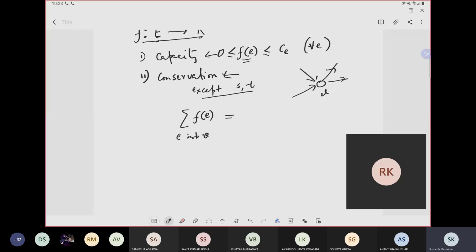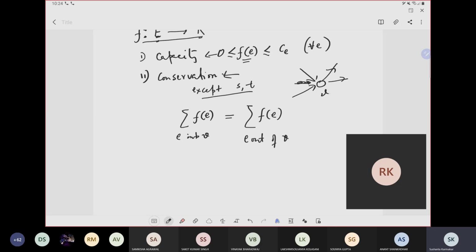The sum of the flow values of the edges going into V is equal to the sum of the flow values of the edges going out of V. That essentially means whatever flow goes into this node must equal the flow coming out of this node.